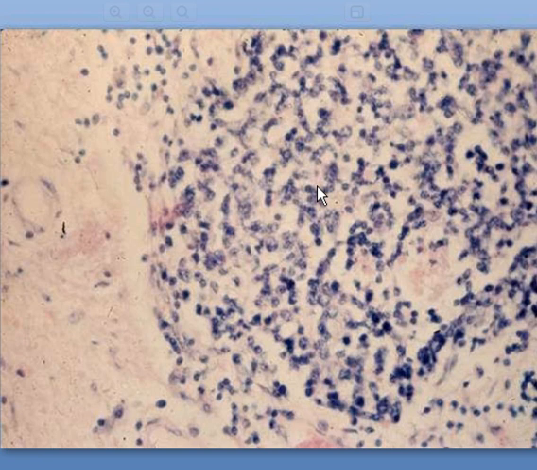The point I want to make is a low-grade glioma is extremely difficult to differentiate from normal gliosis. From the gross point of view, from the CT point of view, from the MRI point of view, and even from the microscopic point of view. And here we are looking at a bunch of glial cells, and you don't even know whether this is tumor or reactive glial cells.